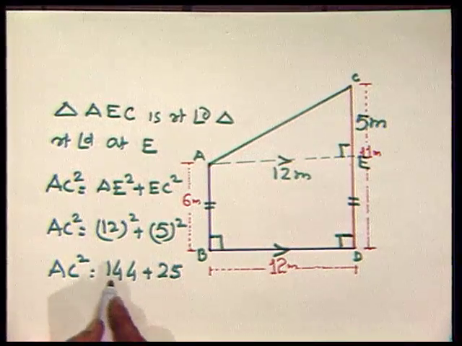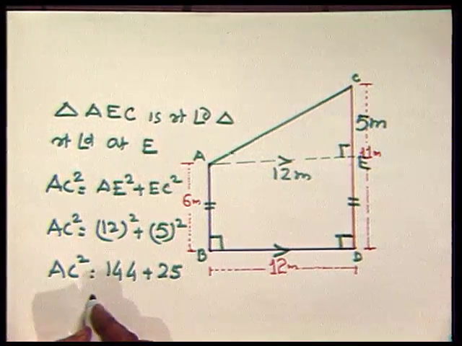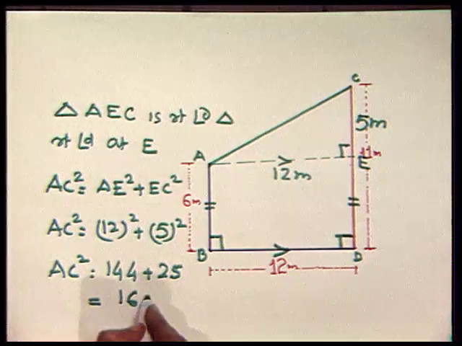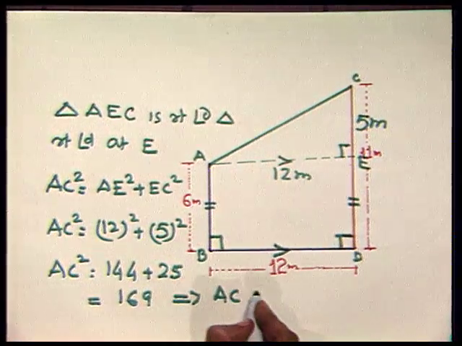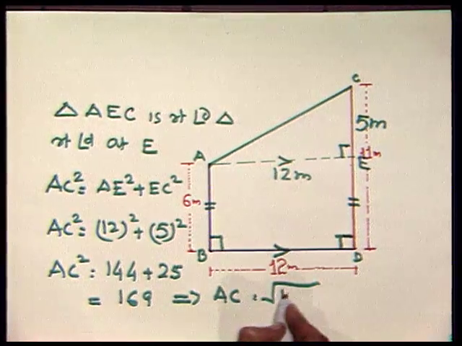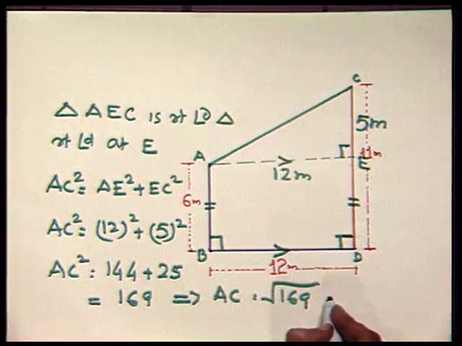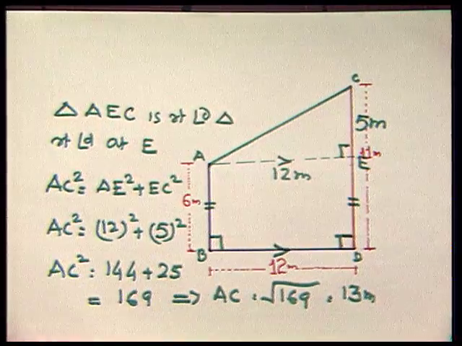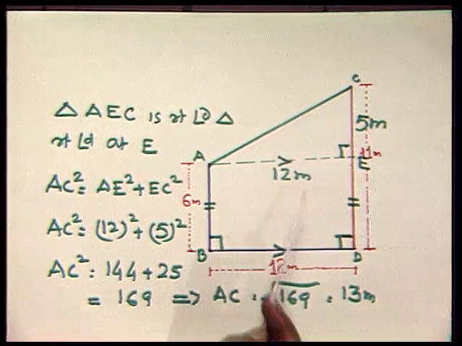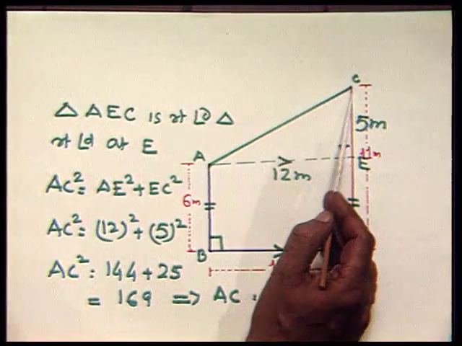AC square is equal to 144 plus 25, which is 169, which implies that AC is equal to square root of 169, which is 13 meters. So here again, by simply applying the Pythagoras theorem, we could find out the distance between their tops.